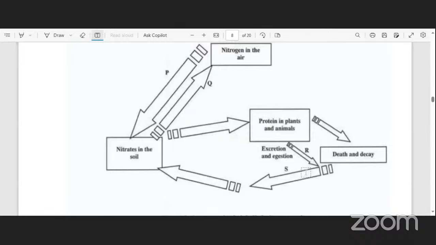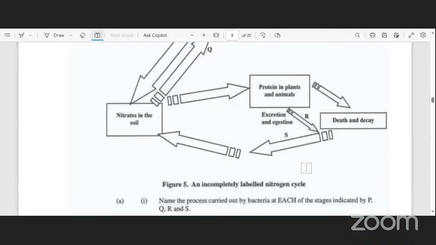So what would R be? How about S? Assimilation. And S is coming from death and decay. What would S be? Decay or ammonification. Very good. So S would be ammonification or decay.